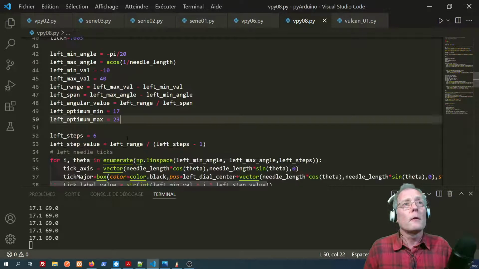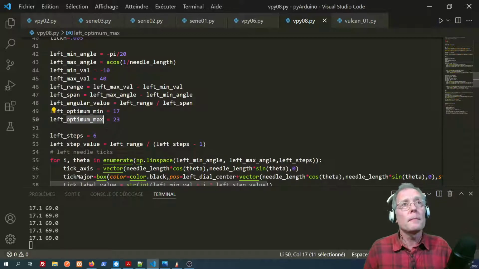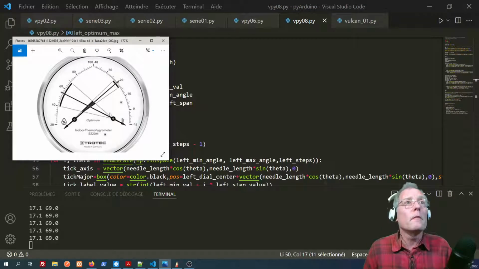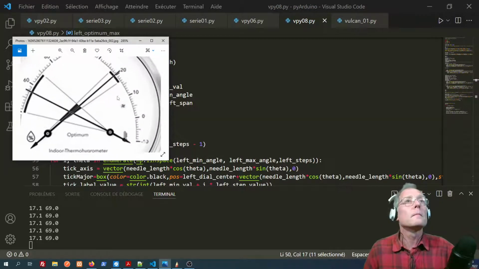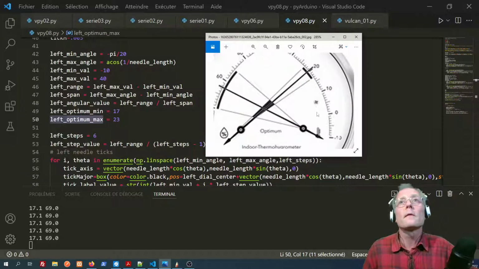Okay, I declare here what I call optimum min and optimum maximum. This, as you can guess, is simply the values here. Minimum for the temperature, you see it's 17, and the maximum is 23, I think. Yes.